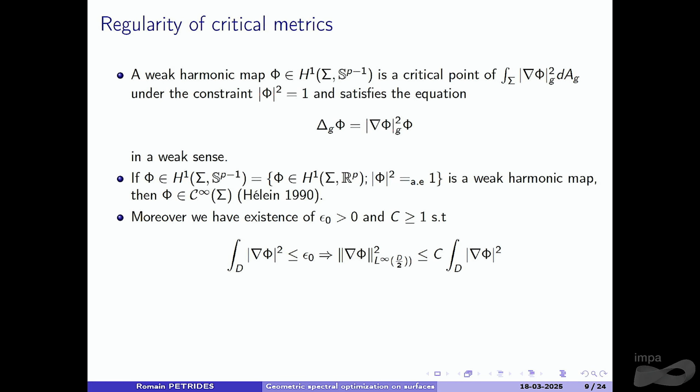And this is due to this kind of assumption I make here. I want the energy to be small in order to have elliptic estimates, which are true for classical equations, but not for this equation. So you need another assumption, which is that nabla phi squared has to be small. You need small energy in order to have elliptic estimates. And this is called the epsilon regularity result.